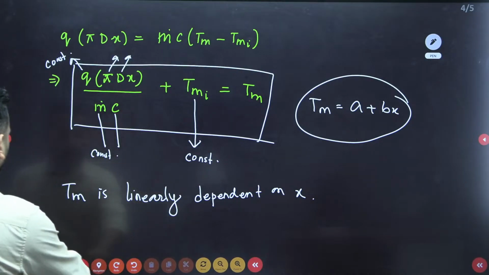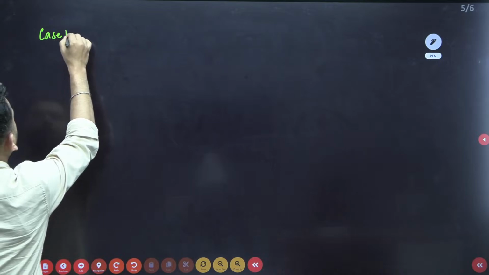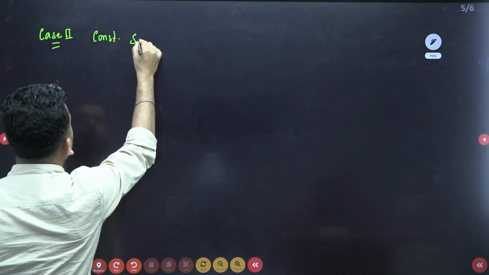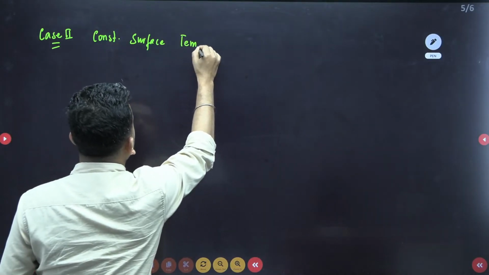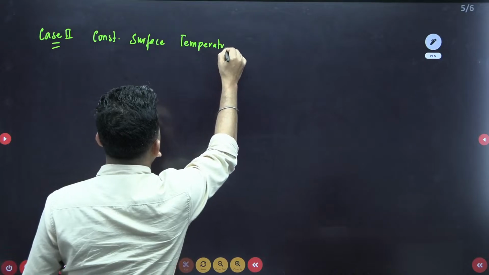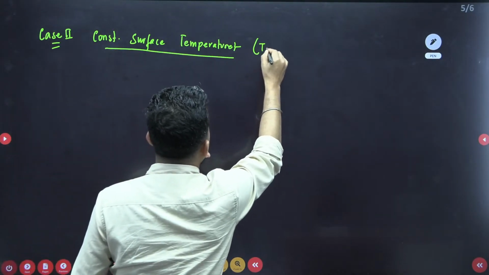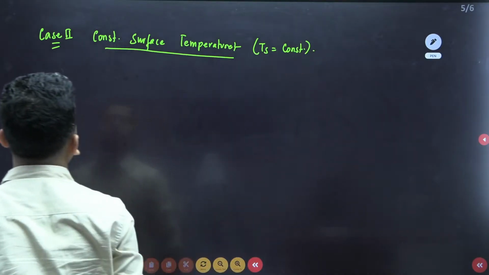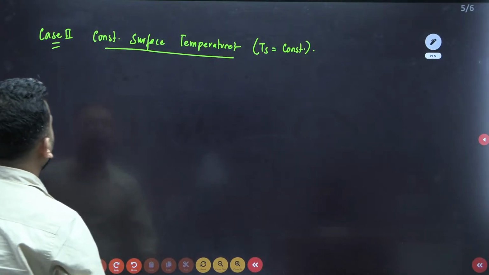Now, moving towards the second case, constant surface temperature, and this is Ts equal to constant surface temperature.